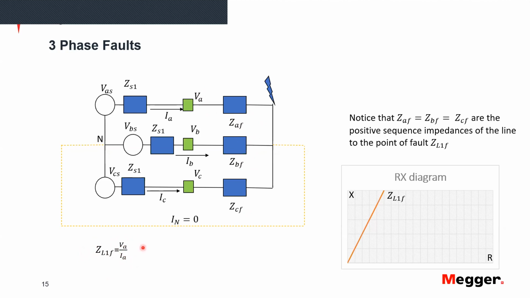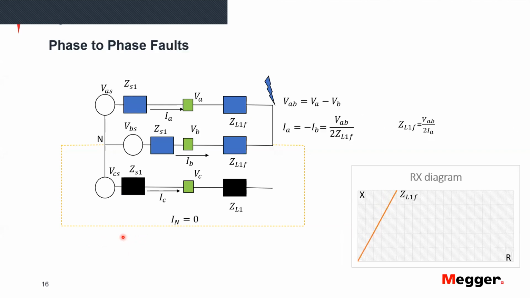Correct? So this is the simpler one. We can assume typically that during a three-phase fault, there is no neutral involved, and we can do the calculation right here. Remember, we can use the equations that we showed before to calculate or estimate in some form the distance to the fault. Even if we don't know how far it is, we do know how much impedance there is, and that's the very important concept, and that's why they're called impedance relays.